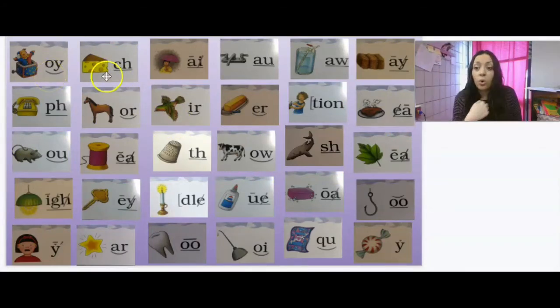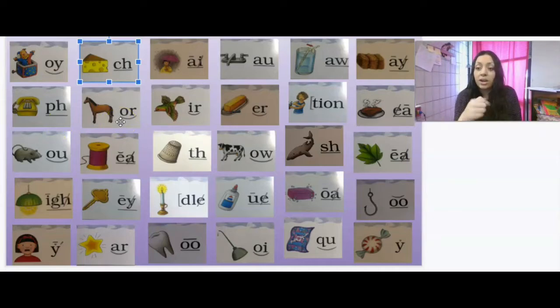I have toy, oi, diphthong OY. Cheese, ch, digraph CH. Rain, A, digraph AI. Faucet, digraph AU. Straw, ah, digraph AW. Hay, A, digraph AY. Phone, digraph PH.